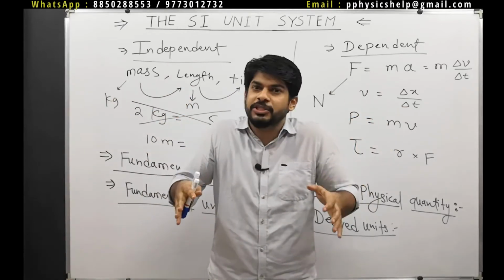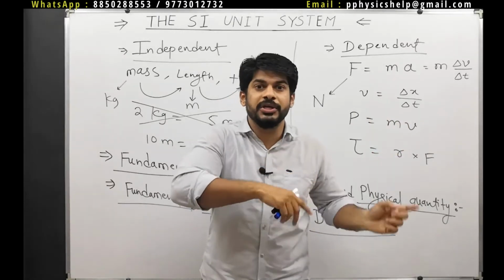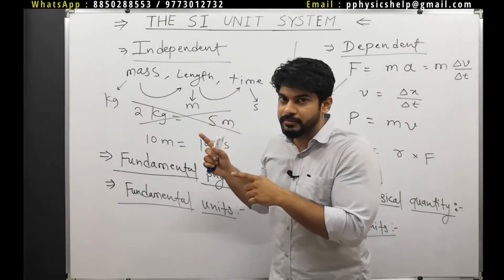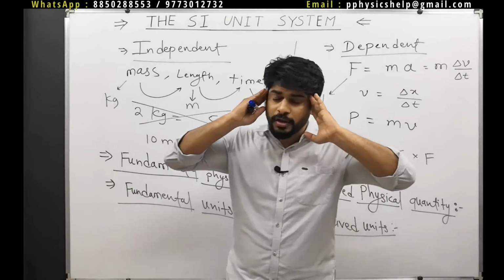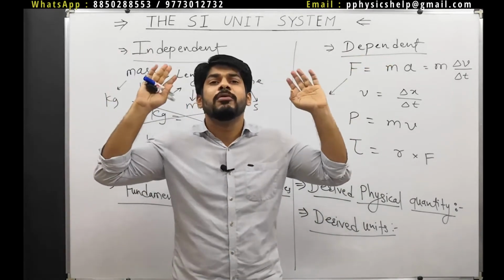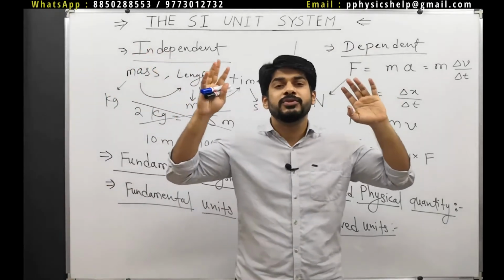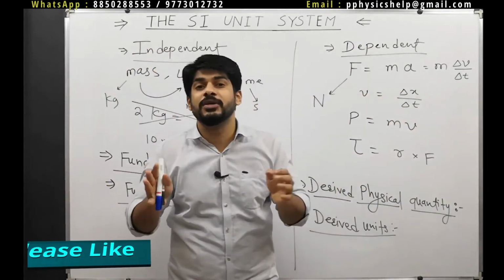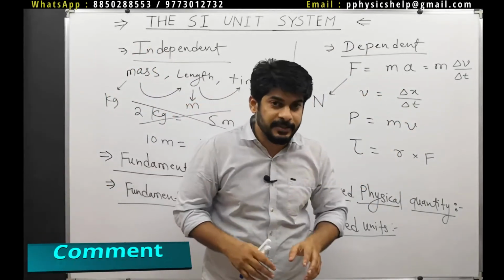Otherwise I cannot express any other physical quantity in terms of fundamental quantities. So first of all we have to decide which are the most basic, the most fundamental physical quantities of nature.